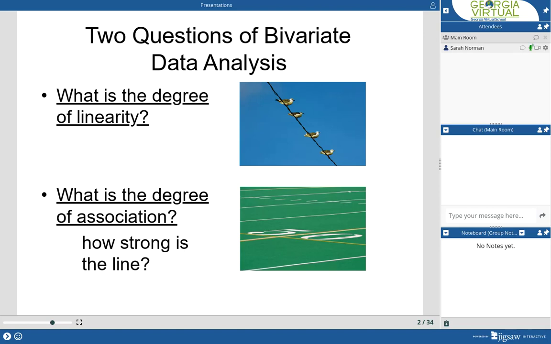So again, can we do a scatter plot and draw a line through it reasonably? And then the second question is, what is the degree of association? So how strong is that line? Is it pretty well going through all the points? Or maybe all the points are just all over the graph randomly. And in that case, the line would not be a good degree of association.